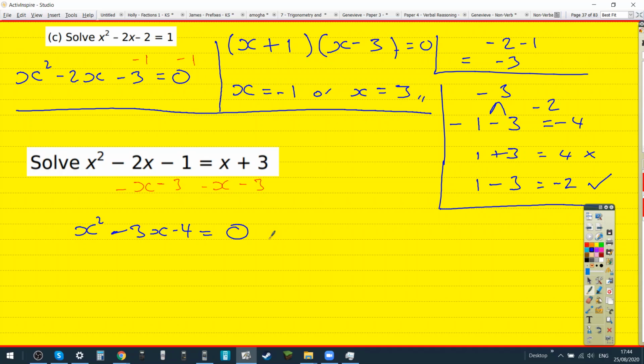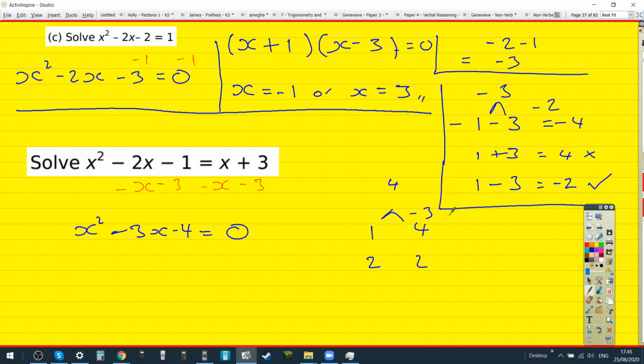Okay. So it needs to multiply to 4 and add up to 3. So multiply to 4. So 1 and 4. 2 and 2. Okay.